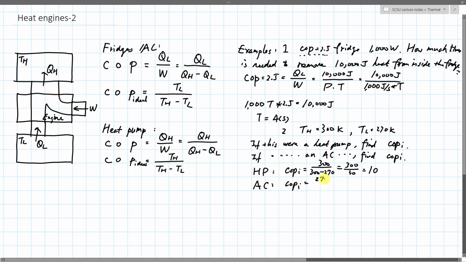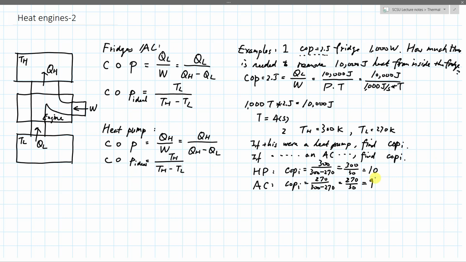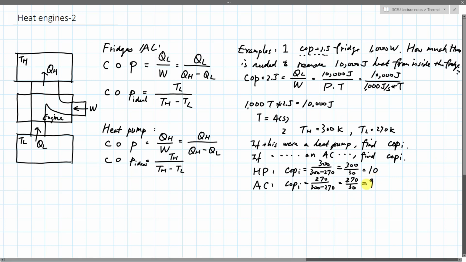So 270 on top, 300 minus 270 on the bottom, 270 over 30, and you have 9. So if you have a heat pump that works both ways, the COP value is bigger if you run it as a heat pump to suck heat from outside and exhaust it into the room, and if you run it as an AC, it's slightly less.